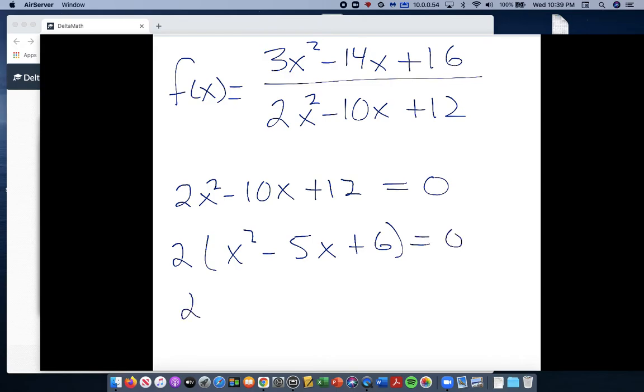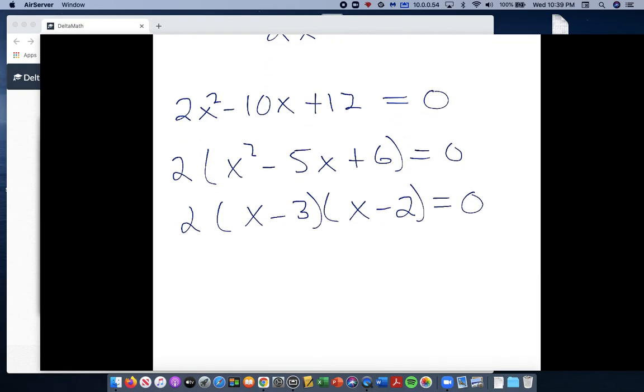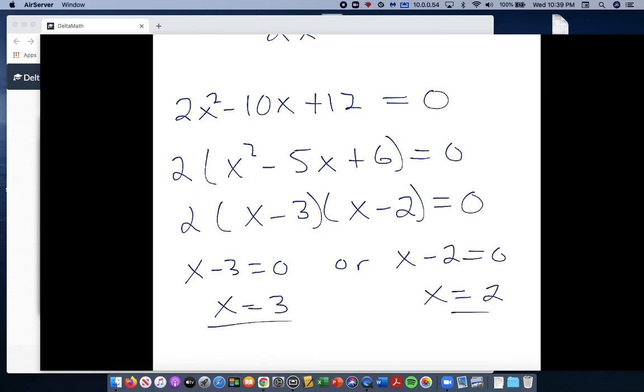If I factor it, I get x minus 3 times x minus 2. That means x minus 3 can equal 0, or x minus 2 can equal 0. So x is equal to 3, or x is equal to 2. These are the ones I have to check.